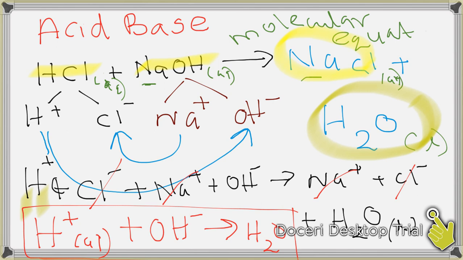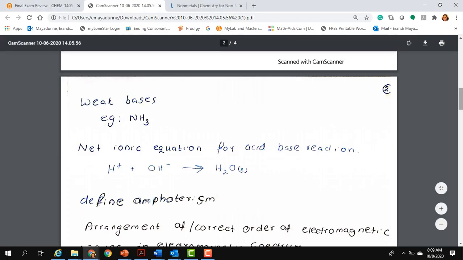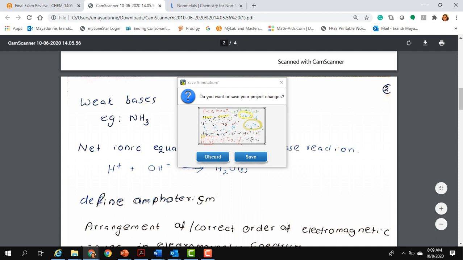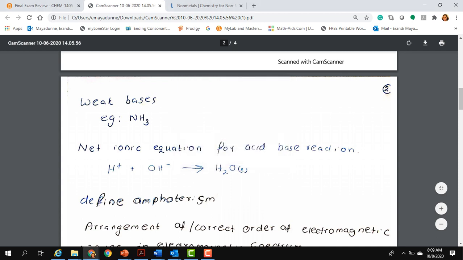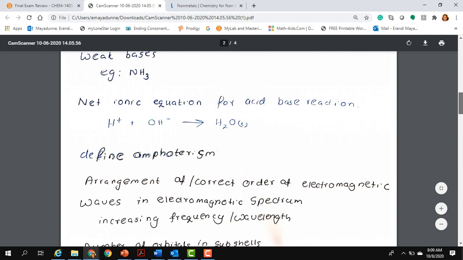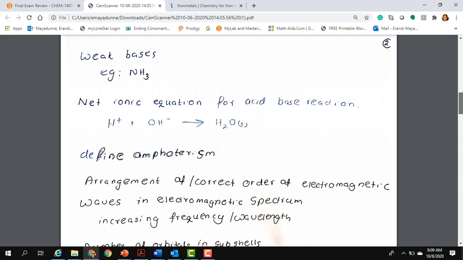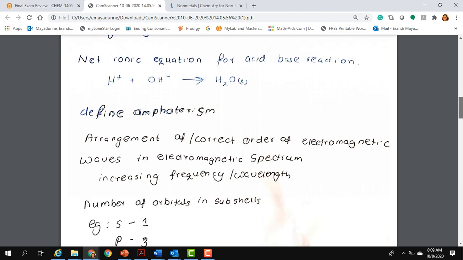Okay, so I'm going back to my PowerPoint. Then we go to what amphoteric means. Amphoteric shows acid and basic properties. Then be familiar with the electromagnetic spectrum, arranging the waves.